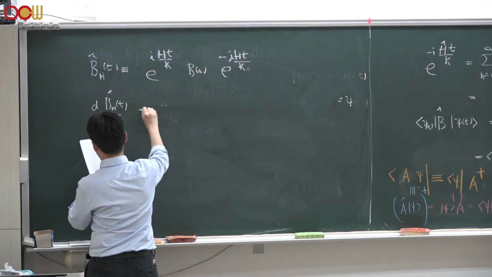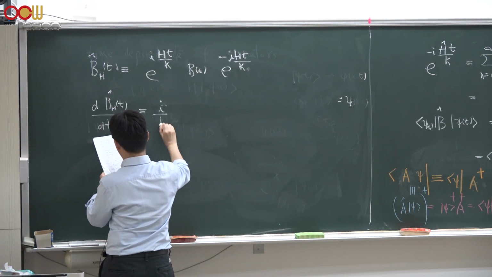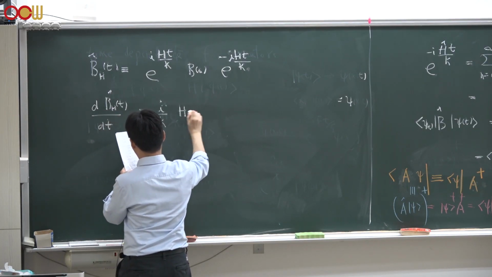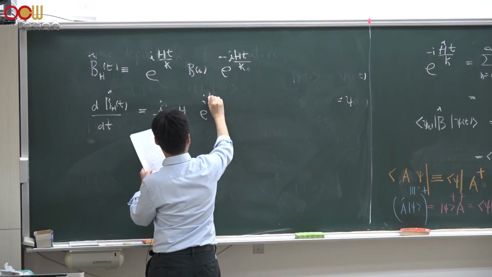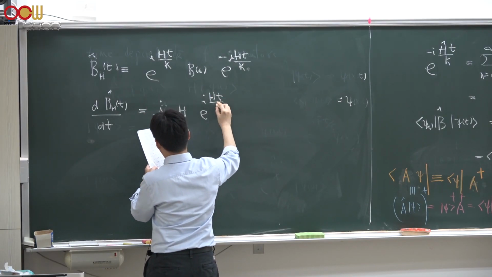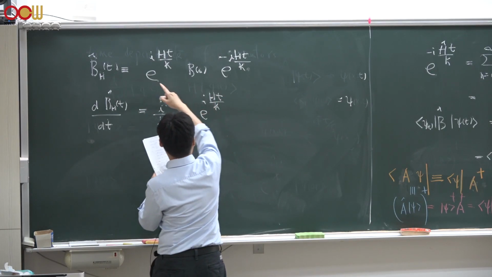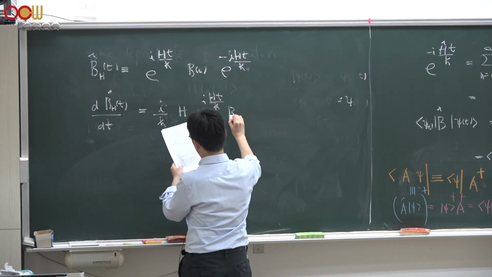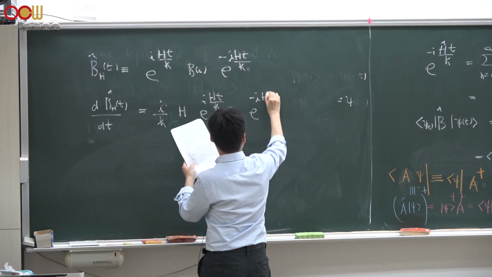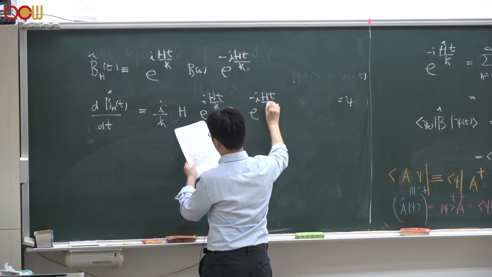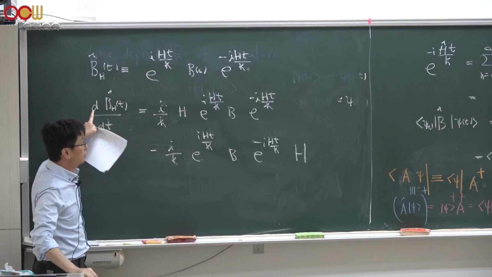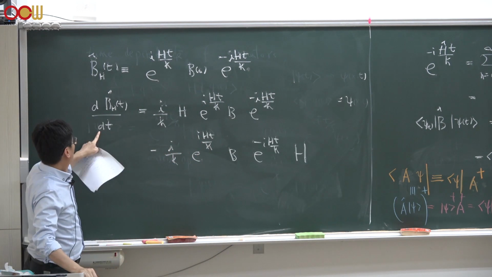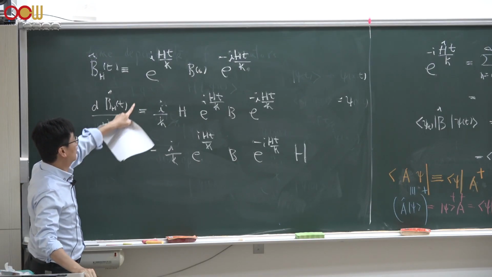And we know immediately that this gives rise to 2 contributions, right? Because there are 2 exponential operators, one on the left and another on the right. But we know very well that the order matters.